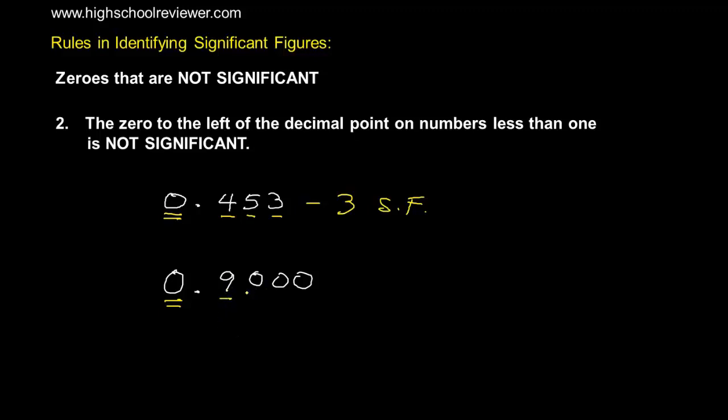And although these are trailing zeros, they are after a decimal point, so therefore they are significant since they are after a non-zero digit. Therefore, for this example, we have here 4 significant figures.